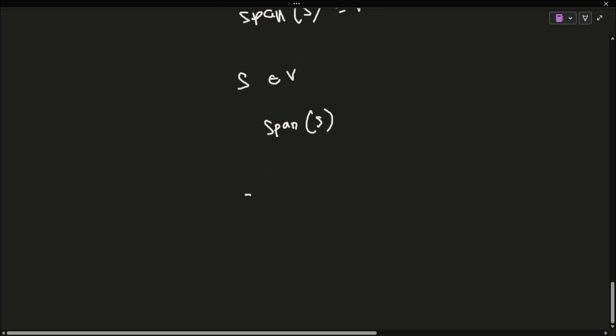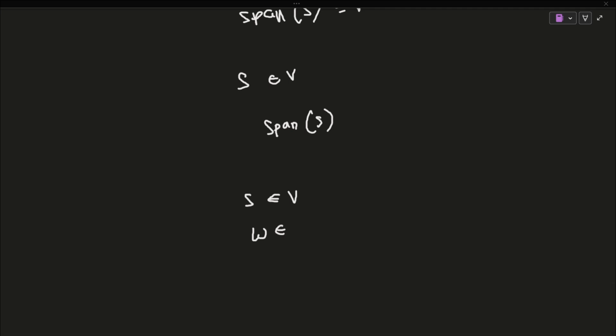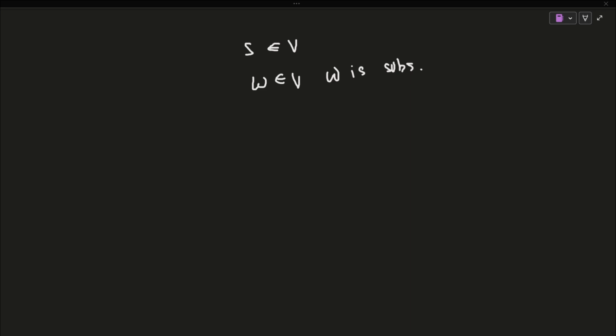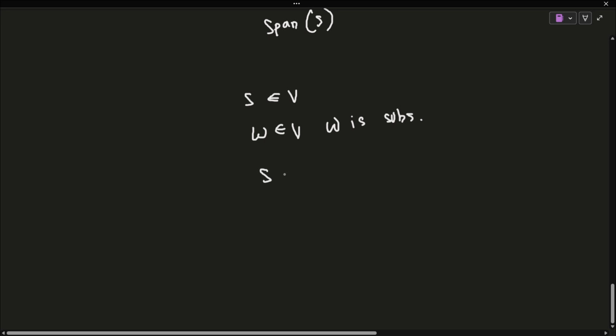So S belongs to V, W belongs to V, W is a subspace, and S belongs to W as well. That means that span S will belong to W.